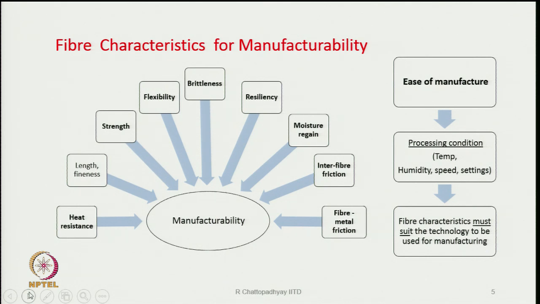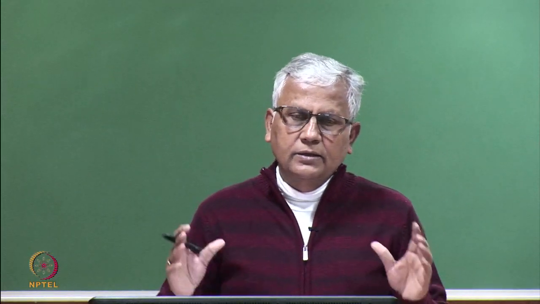That we have to keep in mind, that whatever fibers come to our mind, keeping in mind the performance criteria, from there then we have to see what is the manufacturability of the fibers, how easy it is to process the fibers on different types of machines.